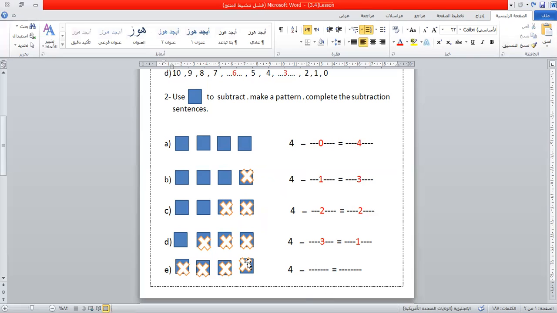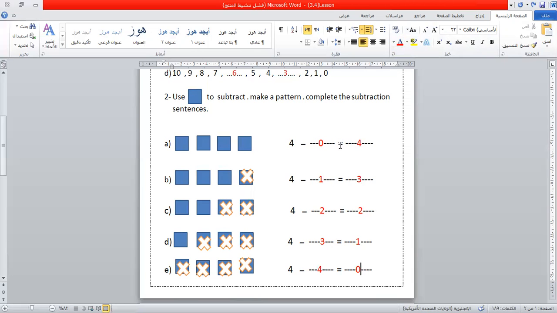It will be 4 minus 4. Why minus 4? Because I crossed out all the squares. So here it will be 4 minus 4. Okay, how many squares are left without crossing? There are no squares left. So 4 minus 4 equals 0.